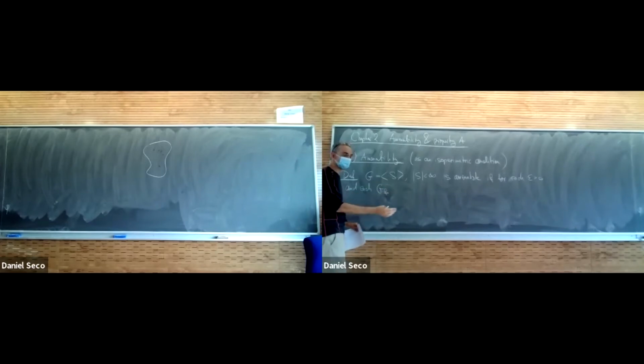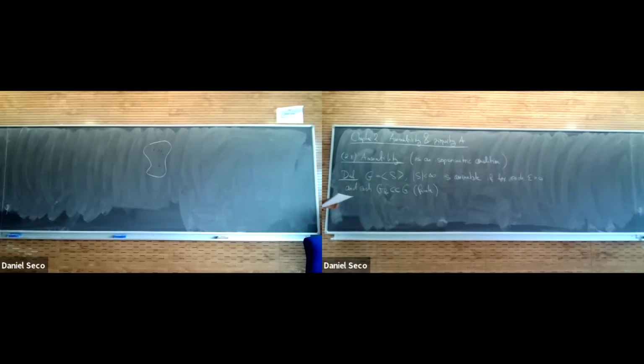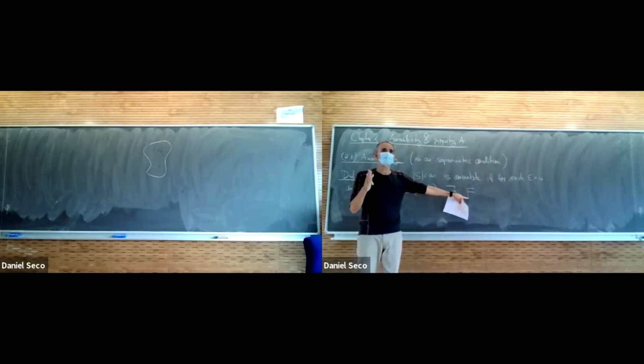I hope you can see it on the other side. Let me write it this way. And again, there exists an F, F for Fernando. So Fernando was the guy that translated von Neumann's definition in terms of means, which was the original one, into a combinatorial condition.